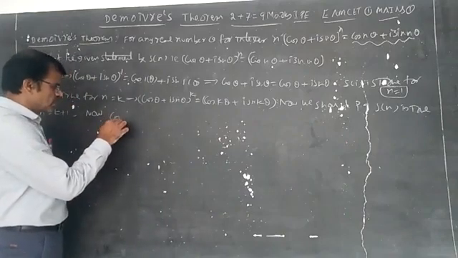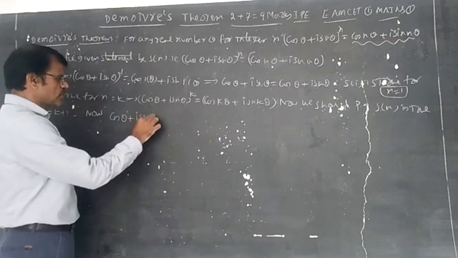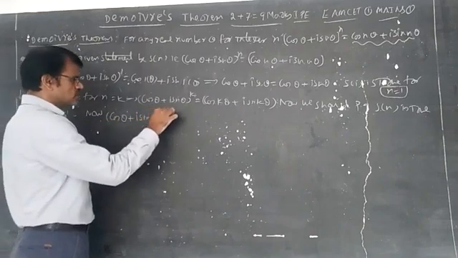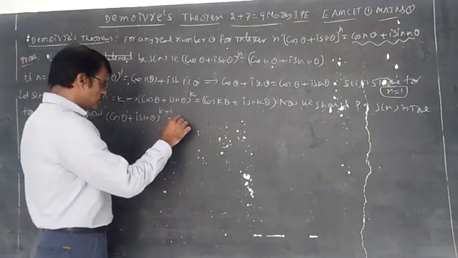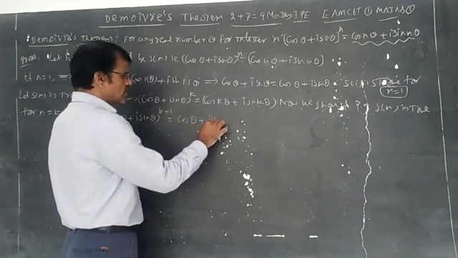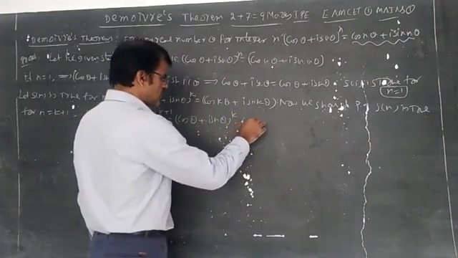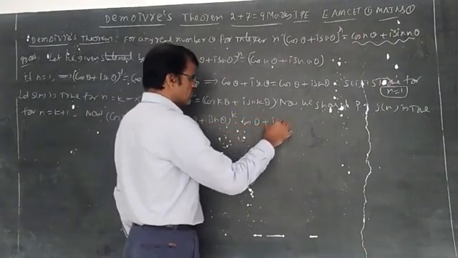Now considering like this, (cos theta plus i sin theta)^(k+1) is equal to (cos theta plus i sin theta)^k into (cos theta plus i sin theta).